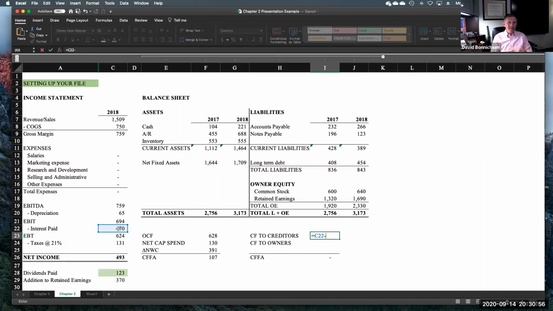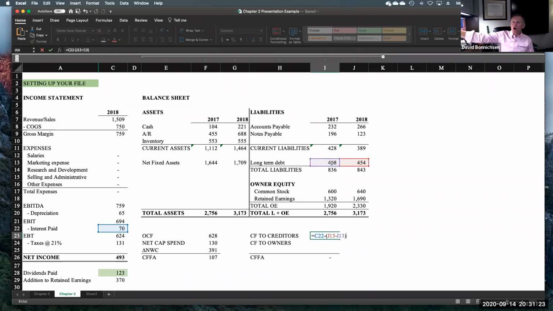So it deducts from the money we actually paid to the creditors. Our net new borrowing is the difference between the 2018 long-term debt and the 2017 long-term debt. So minus 2018 long-term debt minus the 2017 long-term debt. Which should make sense. We're paying money out.